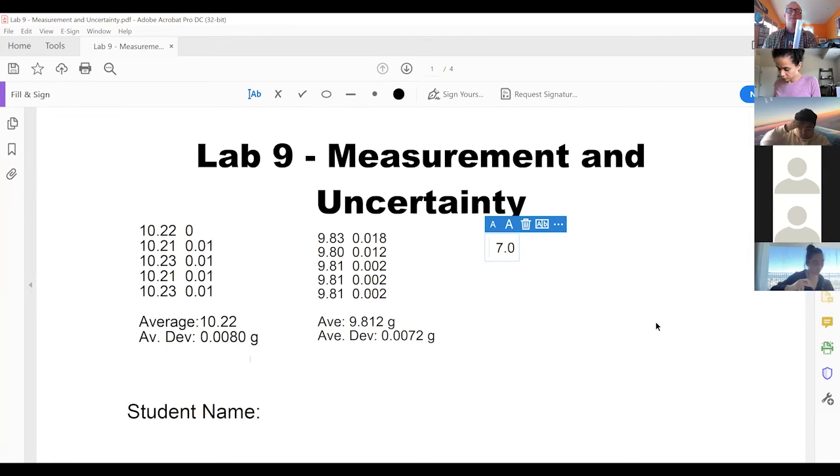What's the volume of the tick just above the 7.0? 0.2. That's right. So the high interval is 0.2 greater than 7, and the low interval is 0.2 below 7. So 7.2 is the high and 6.8 is the low. Okay.